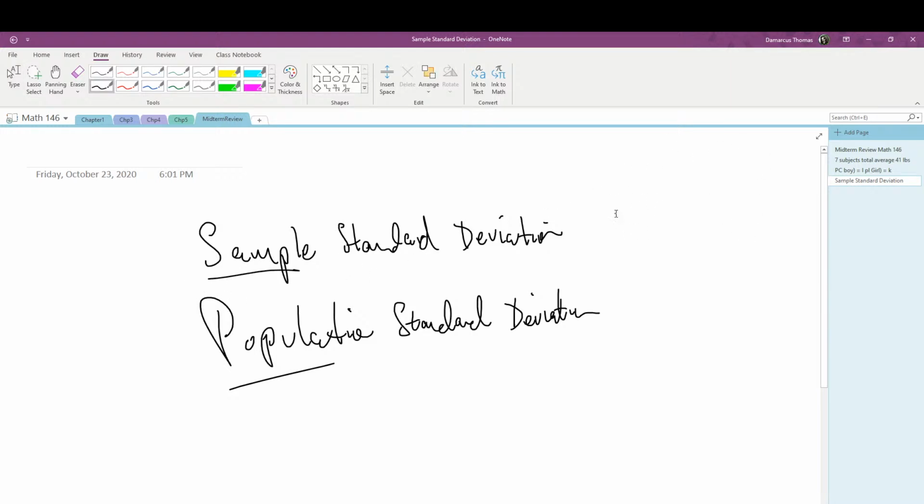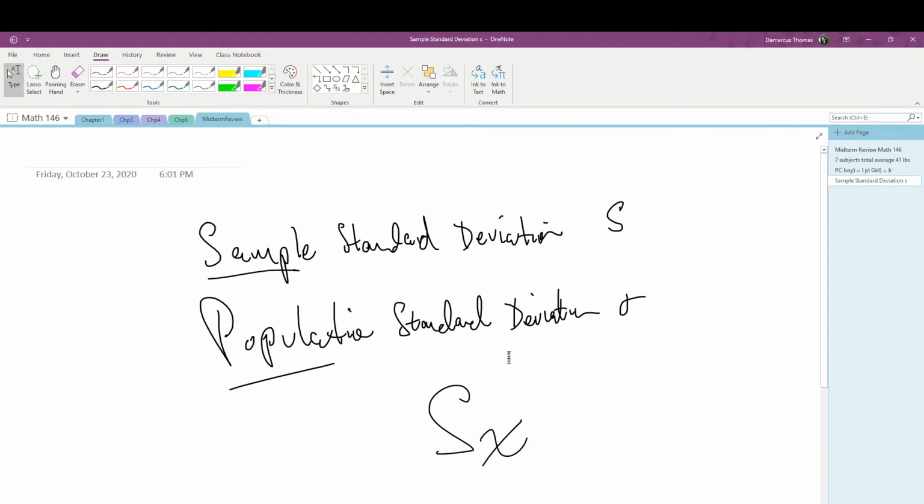So the sample is little s. If it was the population, it'd be little sigma, which is the Greek letter for s. But we're talking about the sample standard deviation. Now in the calculator, they call it S sub x because x is the data.